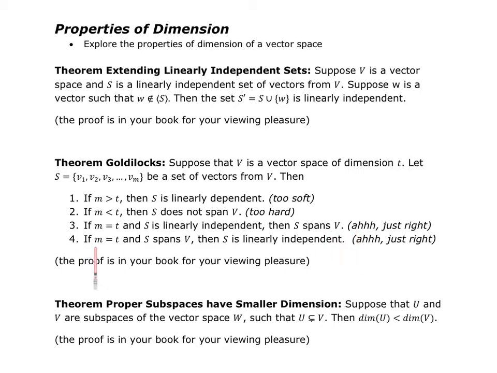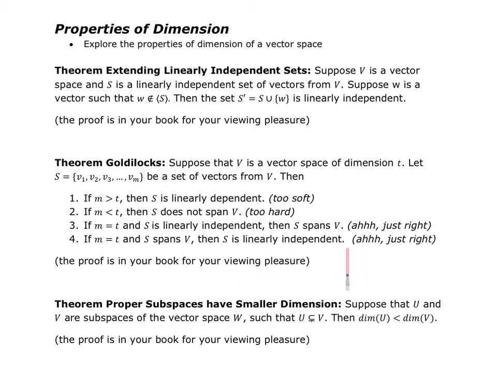Also, if m, the number of vectors in S, equals t, the number of vectors in the basis, then S spans V, and also, because it spans V, it is also linearly independent.